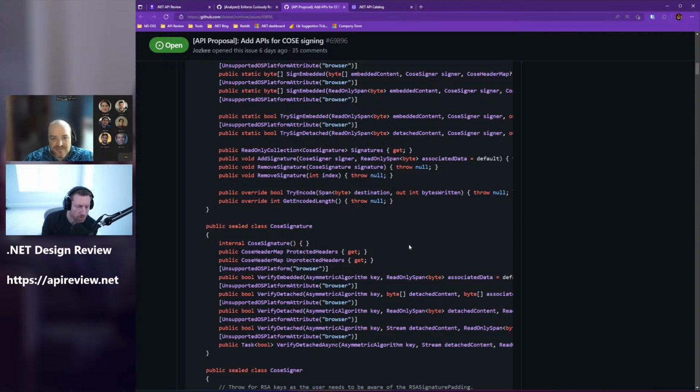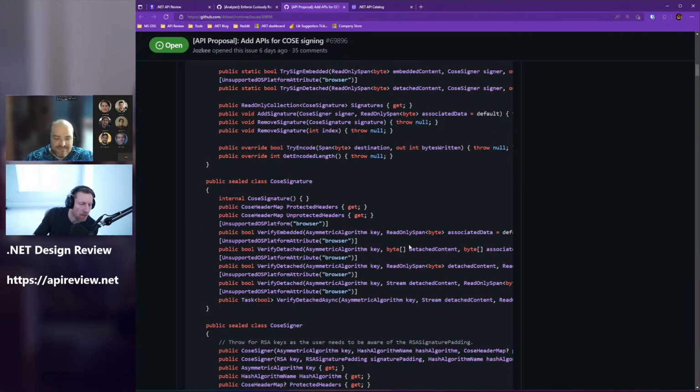It turns a potential O of n squared operation into an O of n operation if you wanted to remove multiple signatures. I would assume this is not hot path stuff. It's really not. It's there for consistency with Sign CMS. Yeah, fair enough.